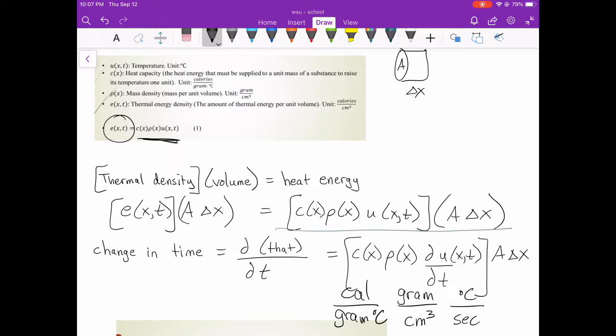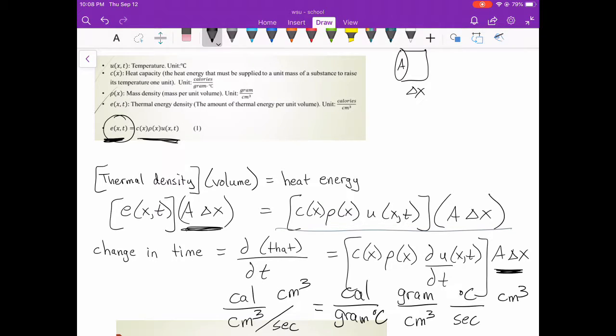And then this area times delta x is going to be the volume, which is cubic centimeters. And on the left, we have the time derivative of the thermal energy density, which is going to be calories per cubic centimeter per second. And then that's being multiplied by the volume, which is in cubic centimeters.